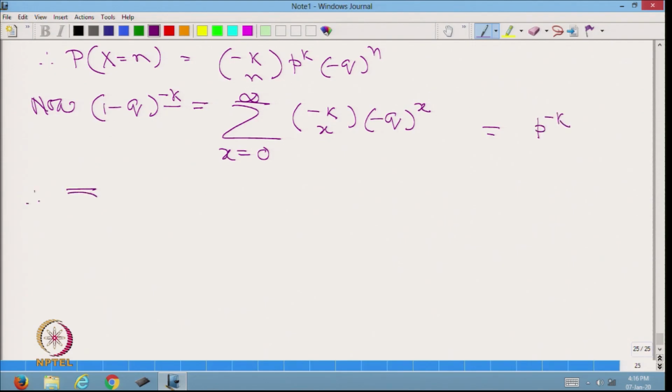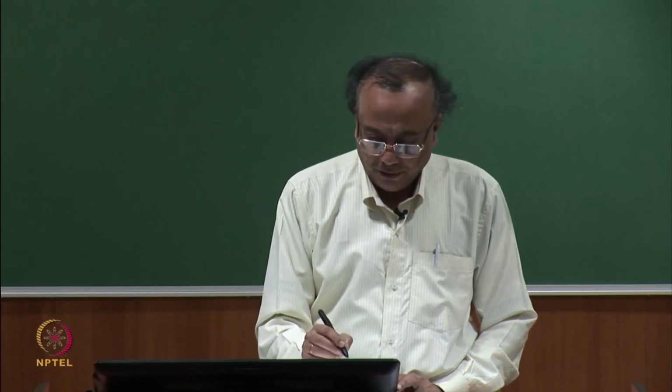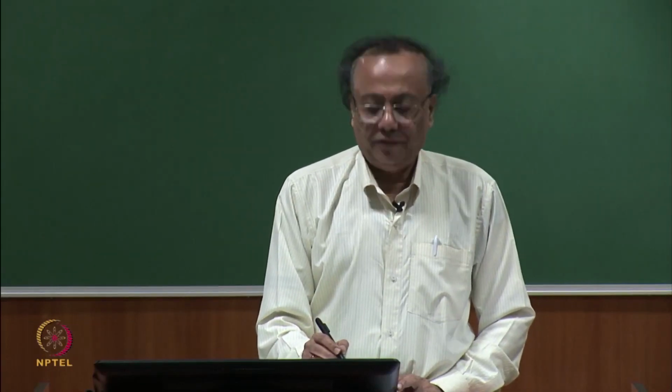Therefore, sigma x is equal to 0 to infinity minus k C x p to the power k minus q to the power x is equal to p to the power k into p to the power minus k, which is equal to 1. Therefore, this is a valid PMF.